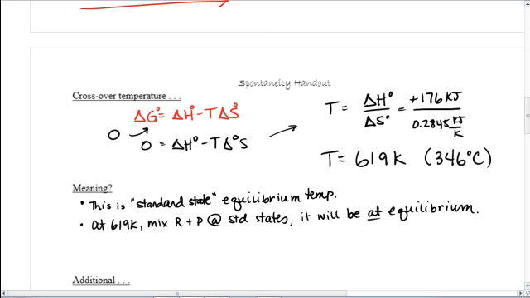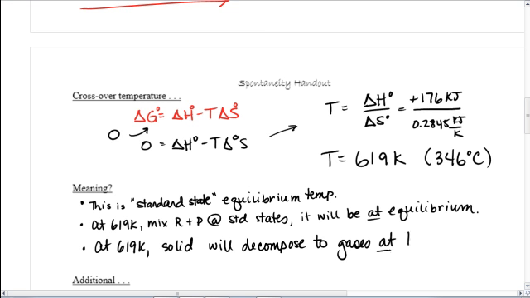That's the temperature that's at equilibrium. Or at 619 Kelvin, if you have just the solid, it will decompose to gases at 1 atmosphere each. So it'll decompose until the partial pressures of those gases are 1 atmosphere each, and then it'll be at equilibrium.